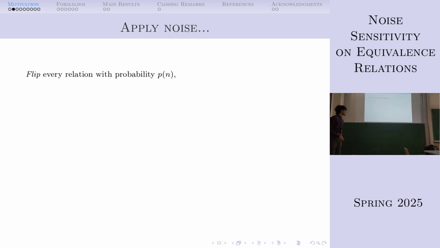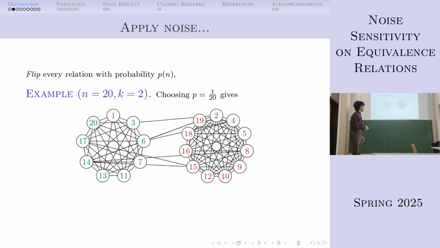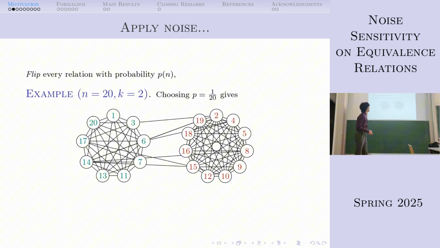So we would like to apply some noise to this initial setup, and we would like to look at the same graph, and we take each pair and flip the relation with probability p. By flip, I mean that if the relation was already there, then we delete it, and if it was not there, then we add it.